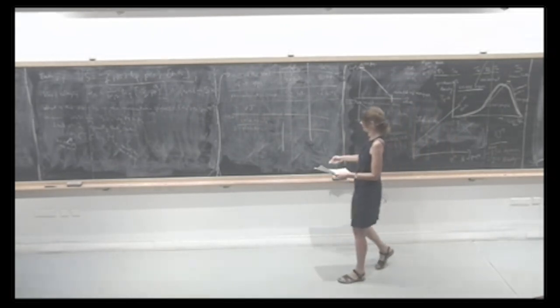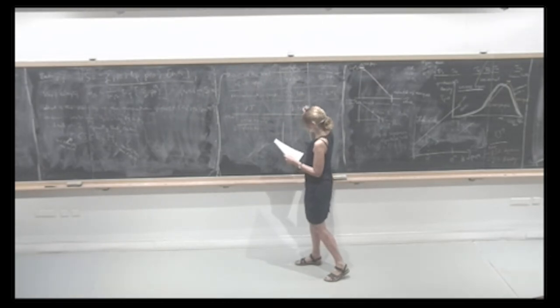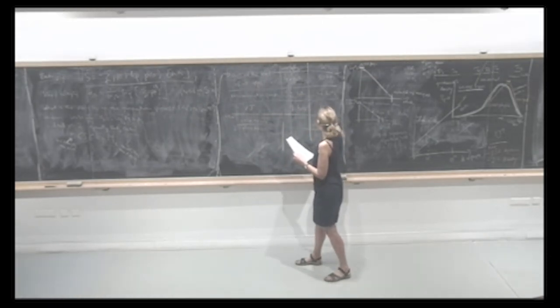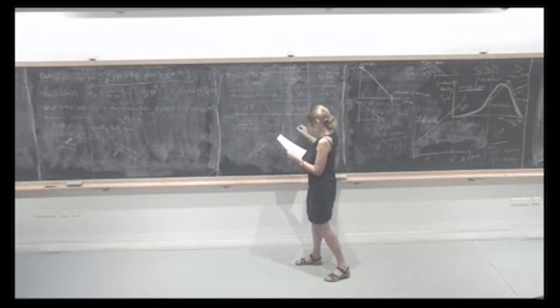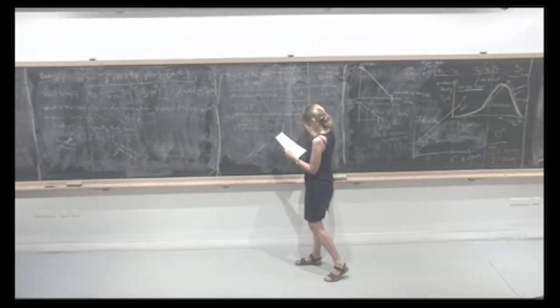So the answers: 9 bits for genes, 11 bits here, 15 bits and 28 bits and 6.